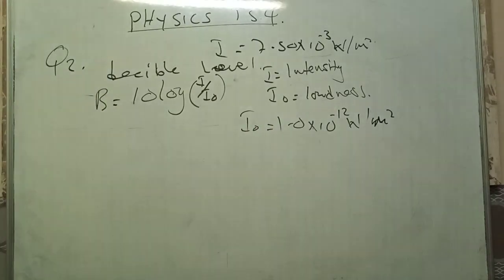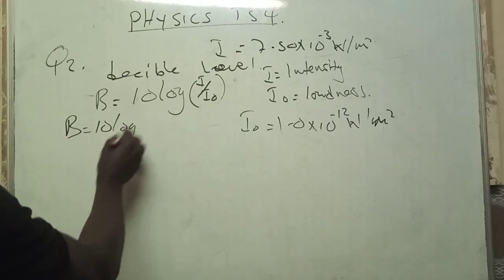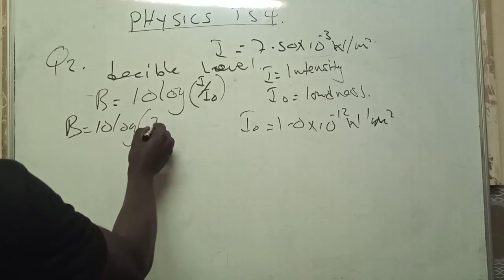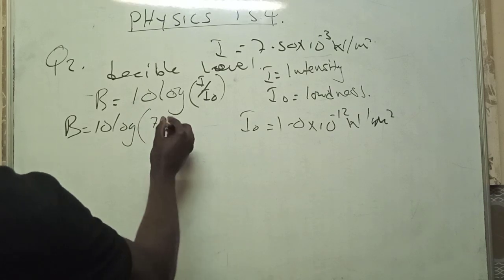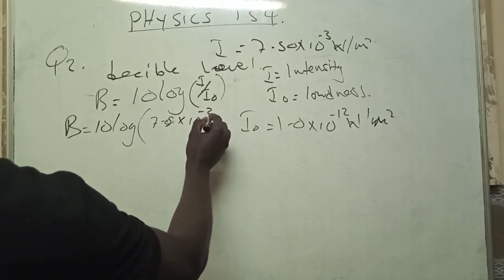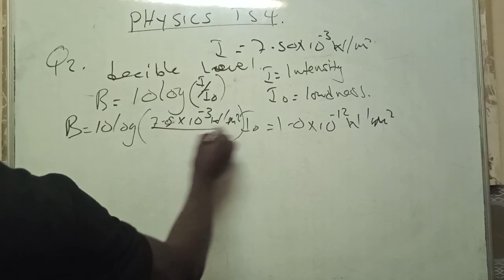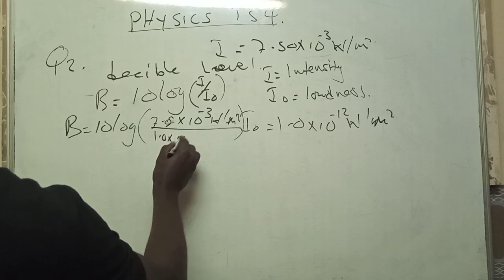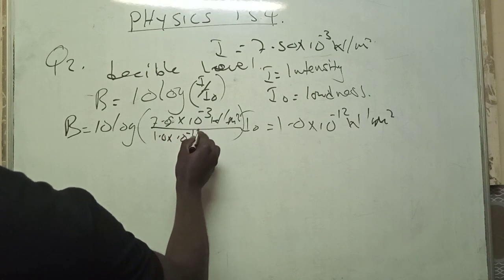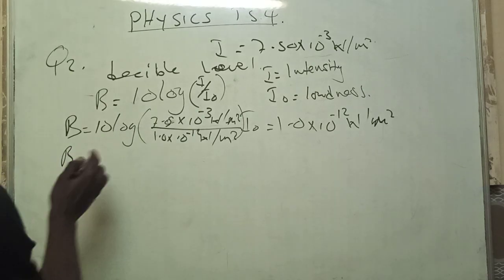So in that case, we have everything we can plug in now. We're going to have B equal to 10 log of 7.5 times 10 to the power negative 3 watts per meter squared over 1.0 times 10 to the power negative 12 watts per meter squared.